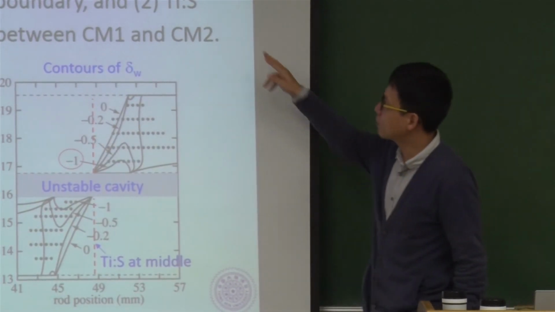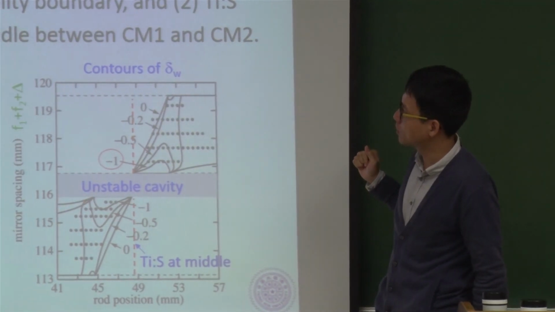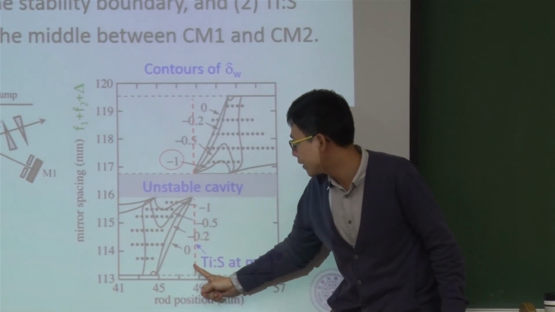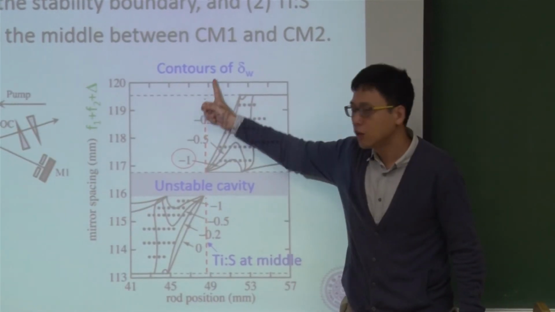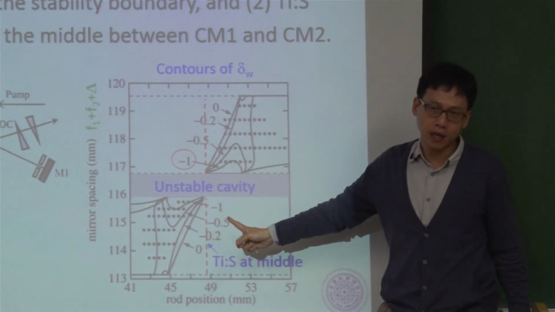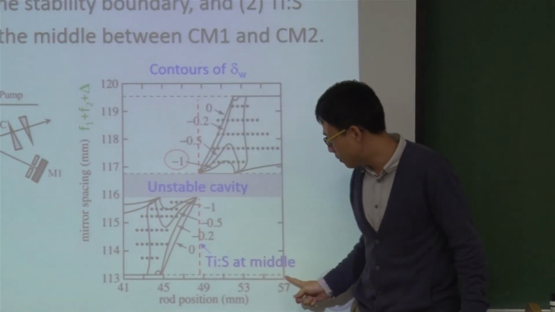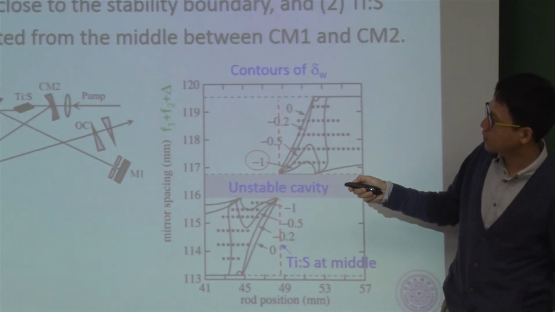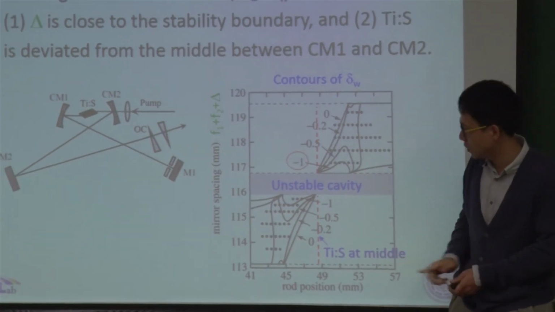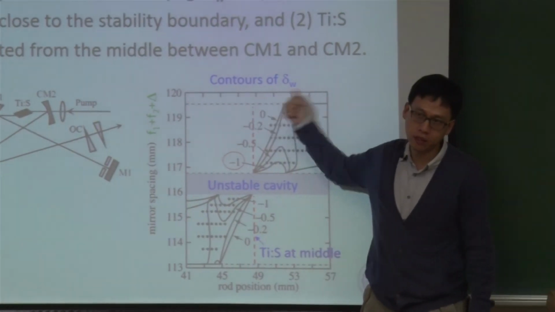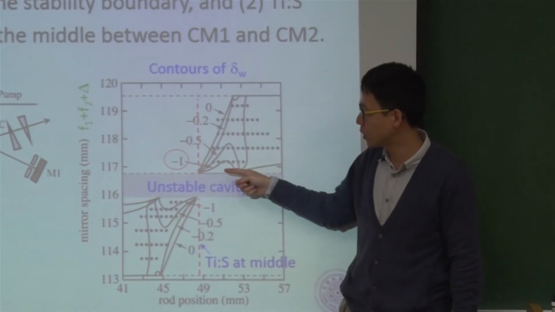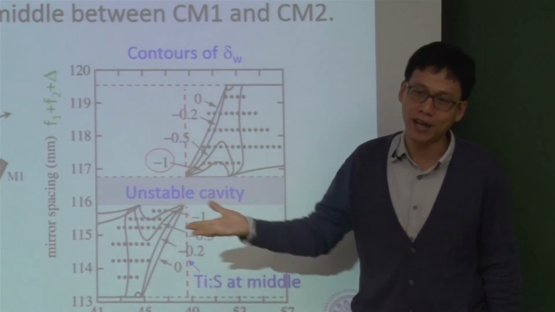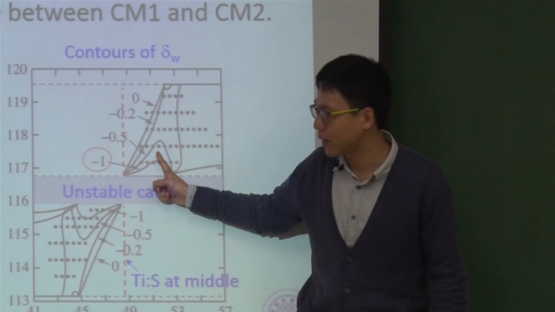Second, disulfide rod is deviated from the middle between CM1 and CM2. So the red dashed vertical line means where the disulfide gate medium rod is at the middle. Okay? Middle means here 刚好在 CM1, CM2 的正中间叫做 middle， 这里是正好 middle。But optimal working positions are here. So if this at the middle is bad, here is better, right?